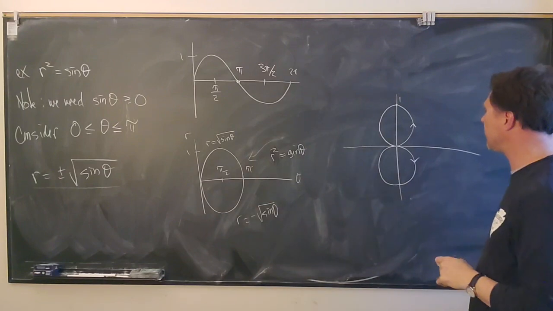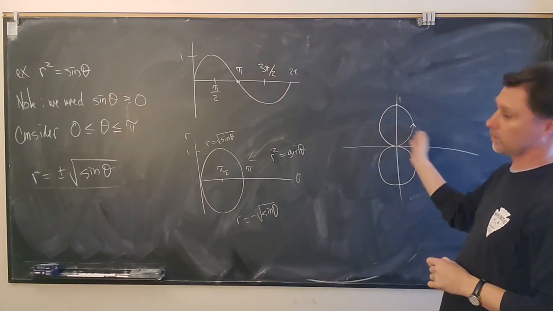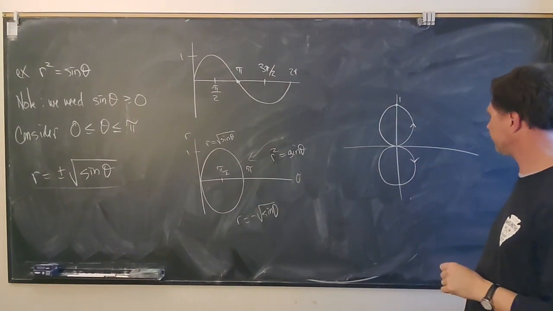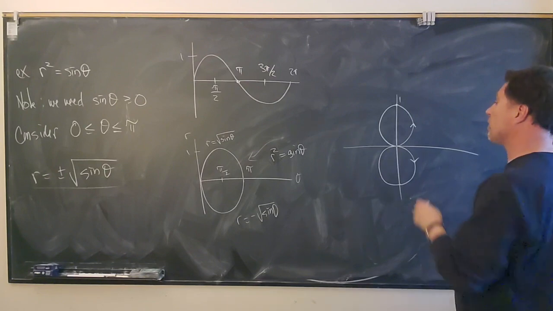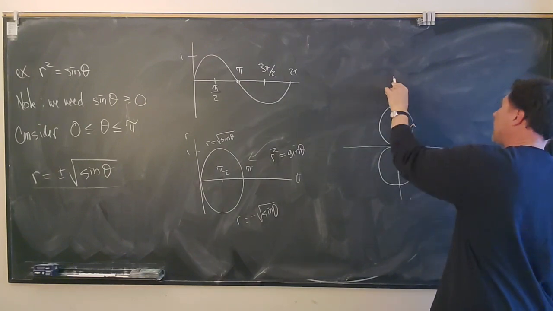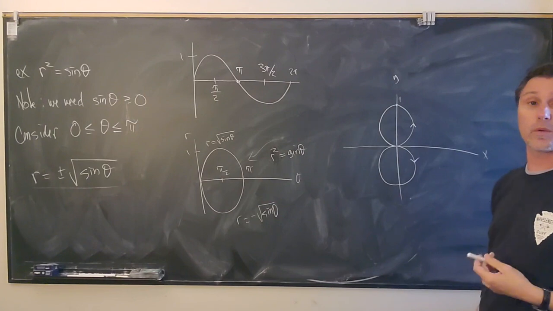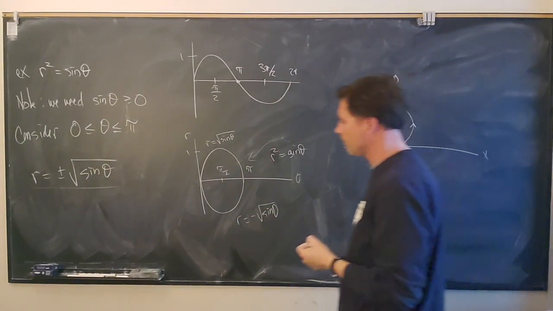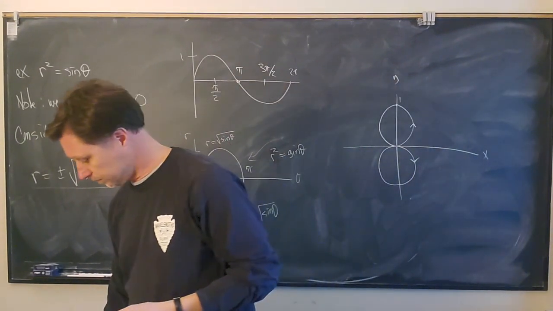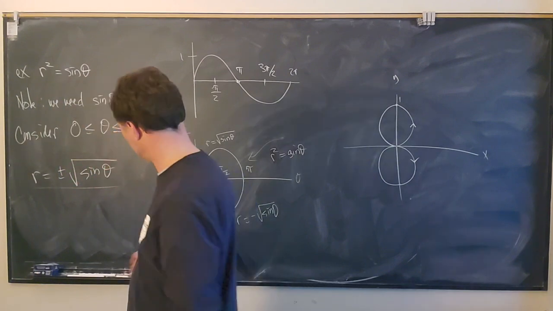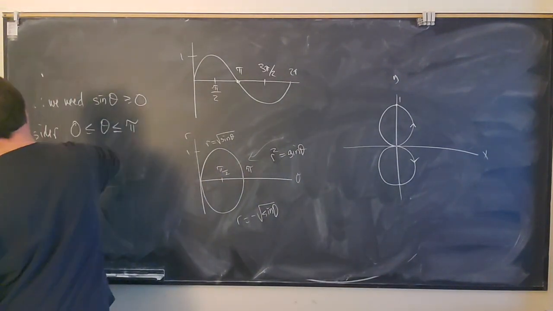All right, so these happen simultaneously. And let me just give you an indication of how, if you want to think of this as movement, it's a sense of direction, right? So this is in the xy plane, the graph of r squared equals sine theta. And let's do a couple more examples.